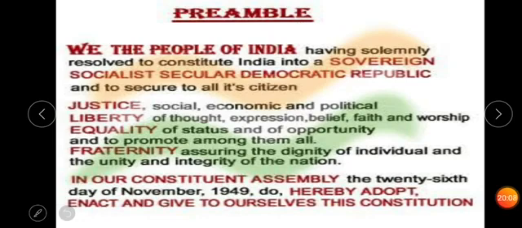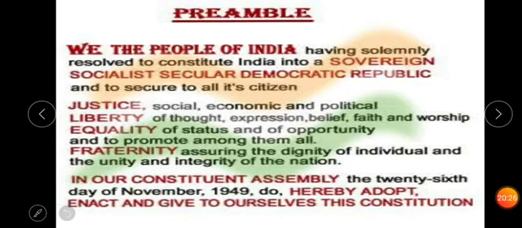Means the preamble is not enforceable by law. It provides a key to the understanding and interpretation of the Constitution. It has therefore been described as the soul of the Constitution.